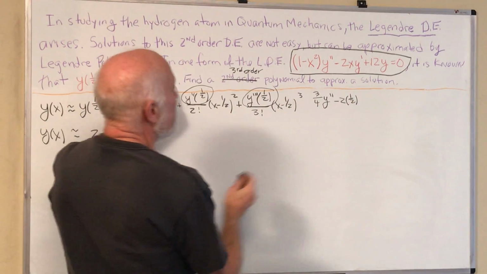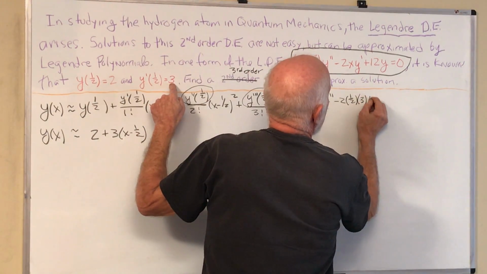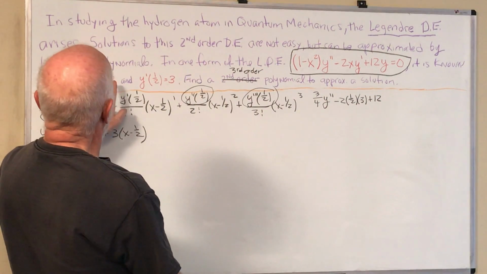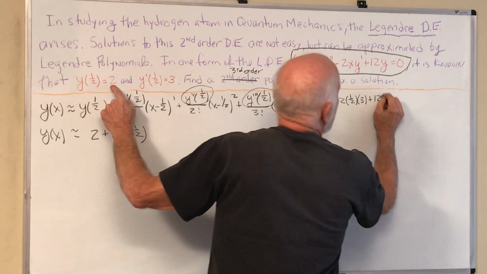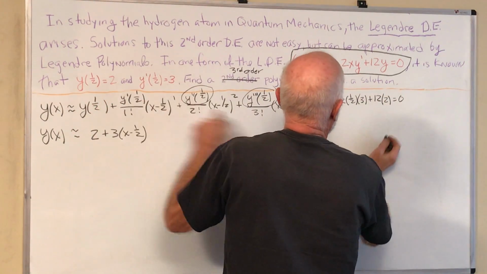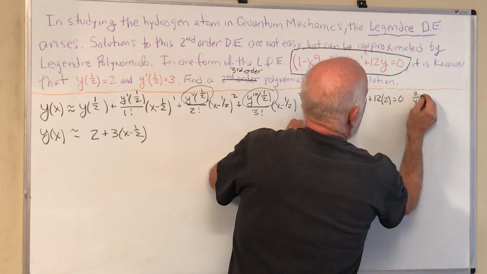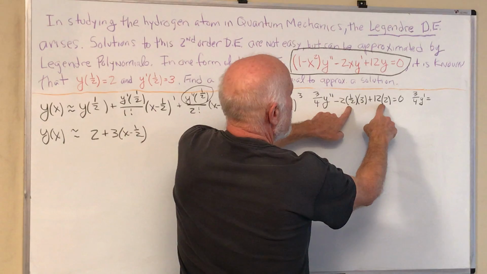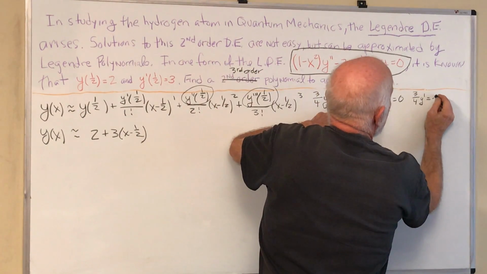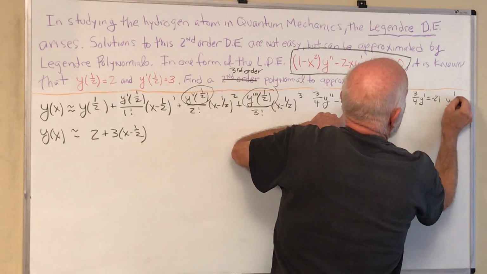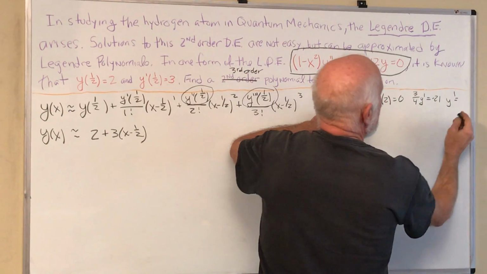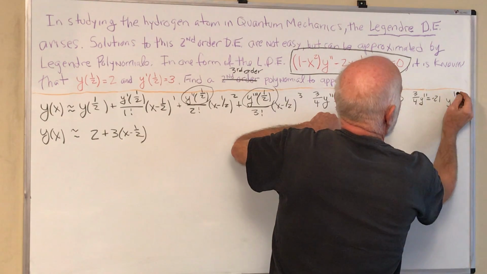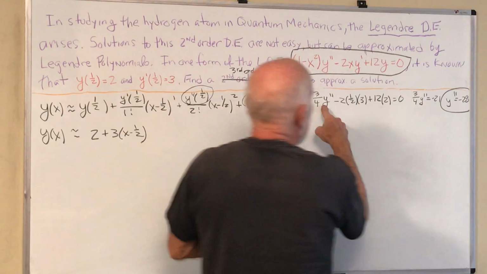Y prime at 1/2 is 3, plus 12 y, and y is 2, equals 0. So altogether, 3/4 y double prime plus 21 equals 0. So y double prime must be negative 21 times 4/3, or negative 28. Sorry, y double prime. That's what we're solving for.